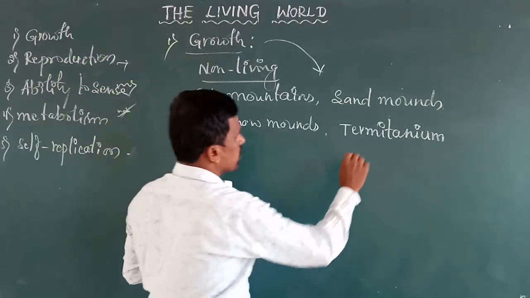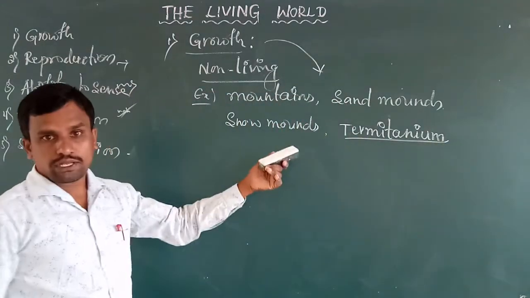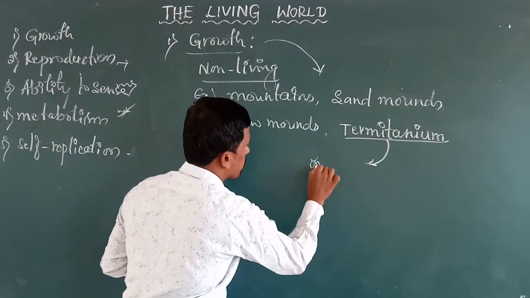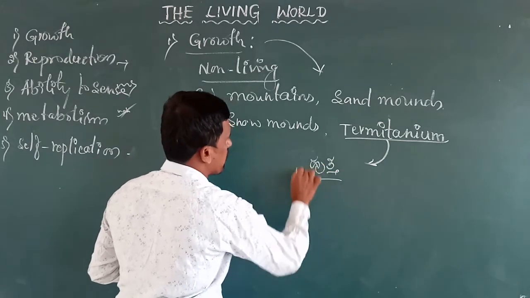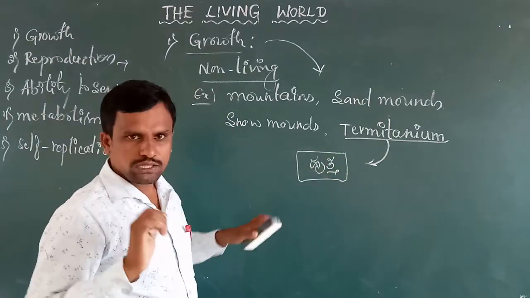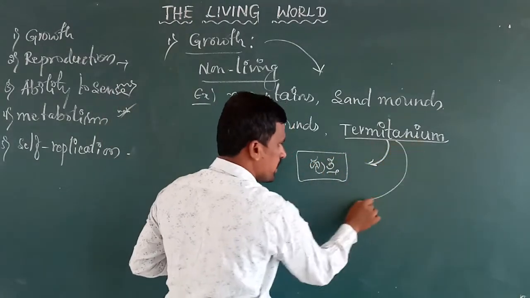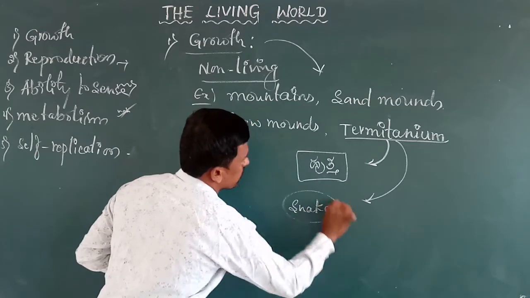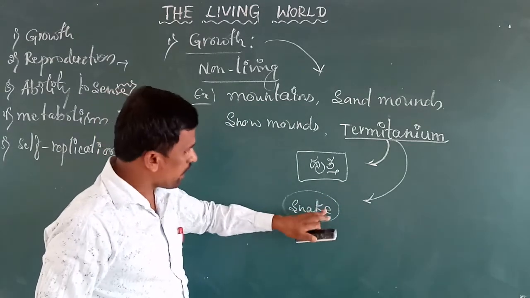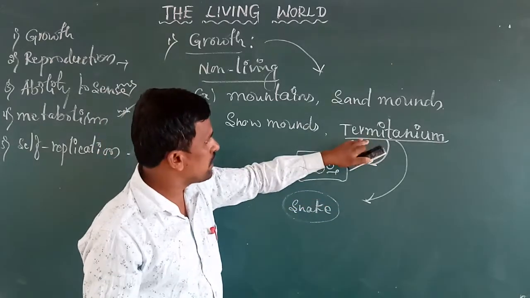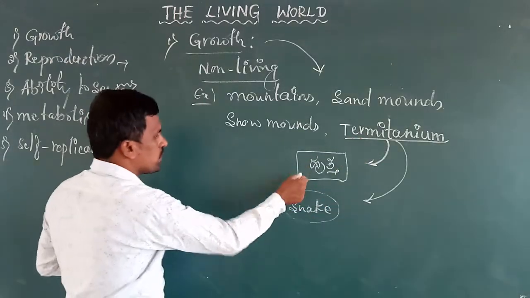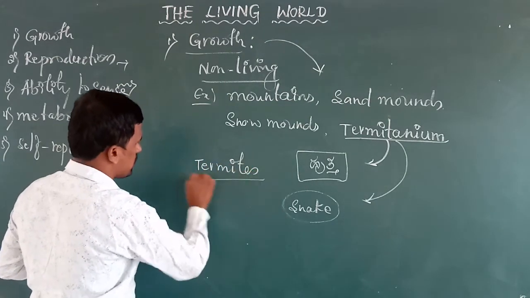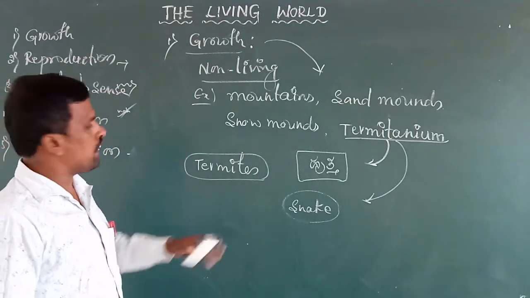For example, the termitarium, which in the Kannada language is called Putta. The termitarium is a place for snakes. The snakes do not develop it; rather, termites are present. The termites belong to the arthropoda.